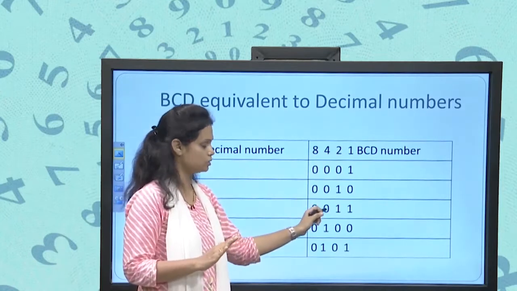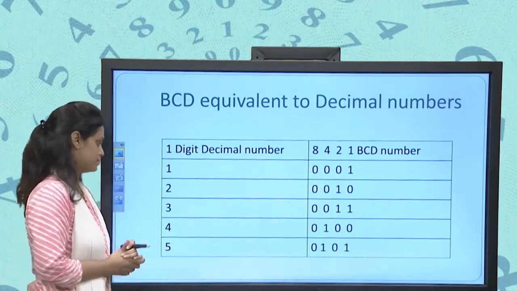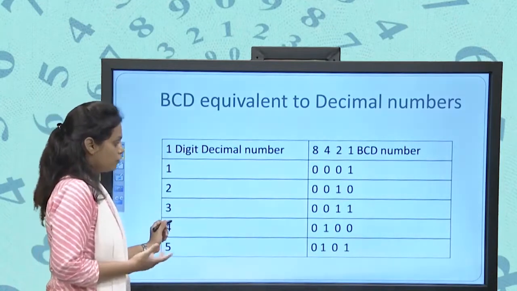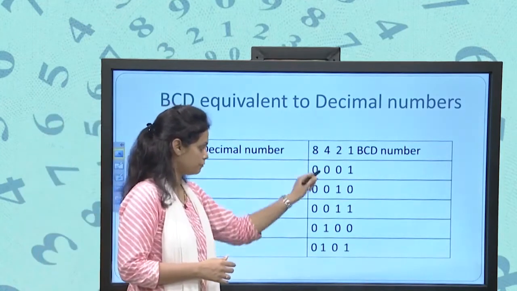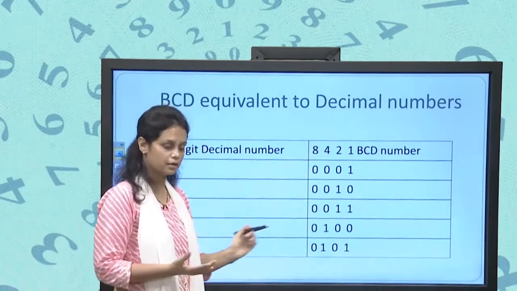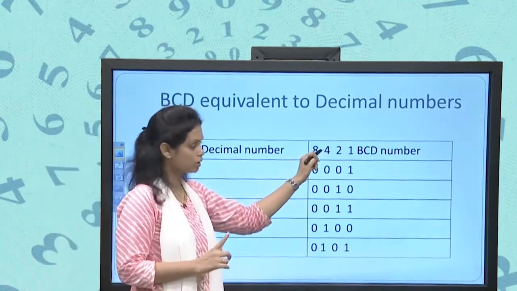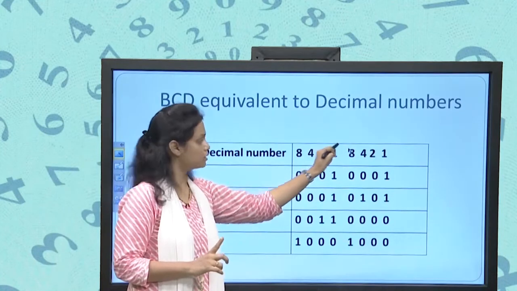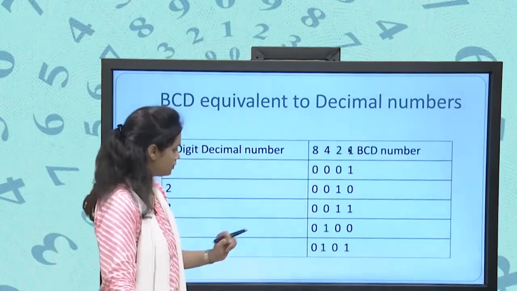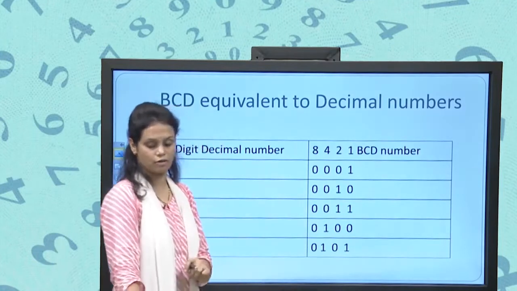So we will keep 0011. It's the value of 3 in the binary coded decimal. For 4 we write 1 in the place of the 4, so it simply converts into binary coded decimal. For 5, 4 is on and 1 is on, so we put 1 0 1, this 4 plus 1 is 5.